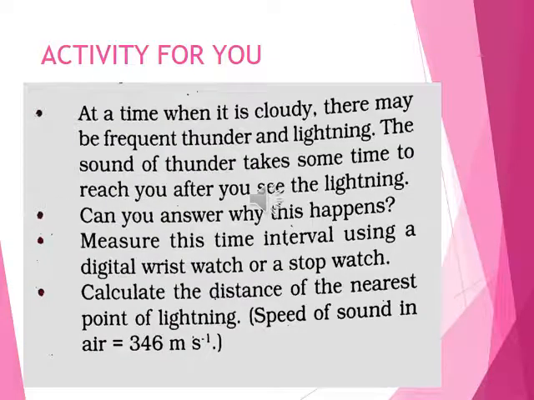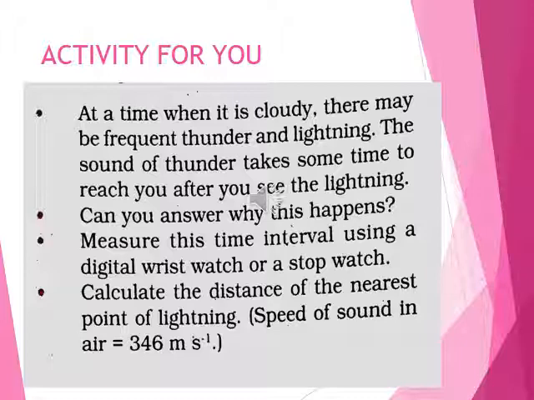Now let's improve our observation skill and thinking skill. A small activity for you dear students. Now you understand the speed and velocity of the objects. What is the motion, what is the uniform motion, what is the non-uniform motion. Now it's time to check your understanding. See here, at the time when it is cloudy, there may be frequent thunder and lightning.